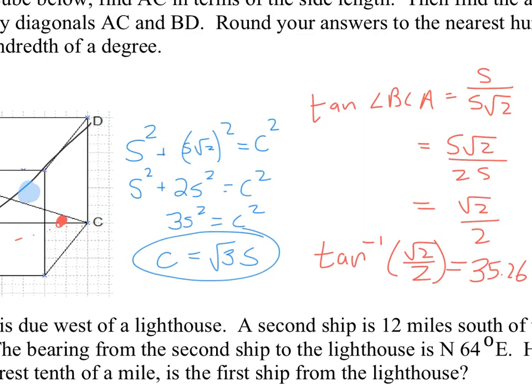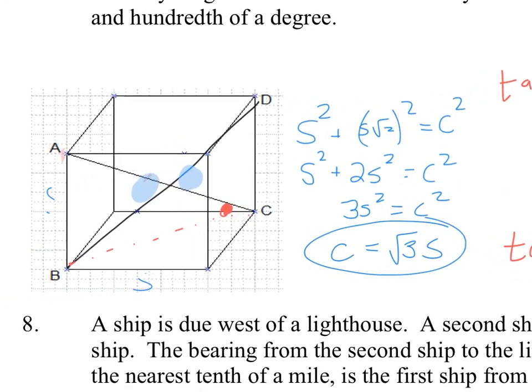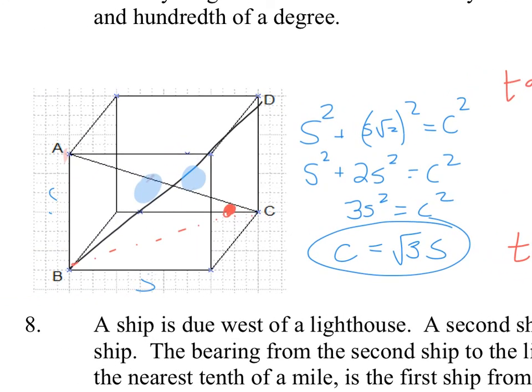So let's see where that gets us. I know that I have, let's use a different highlighter color here, an isosceles triangle where I know the base angle to be 35.26. So this angle here is 35.26, and this angle here is 35.26.